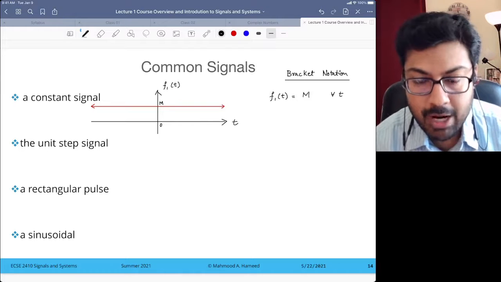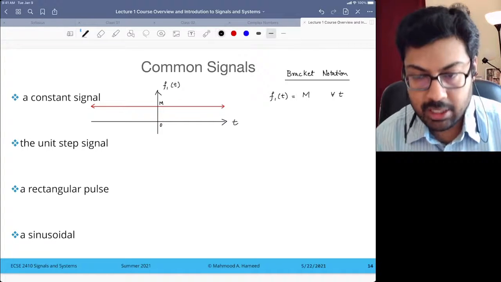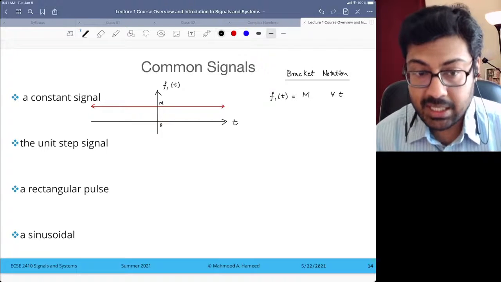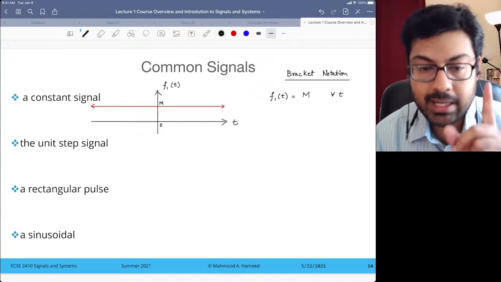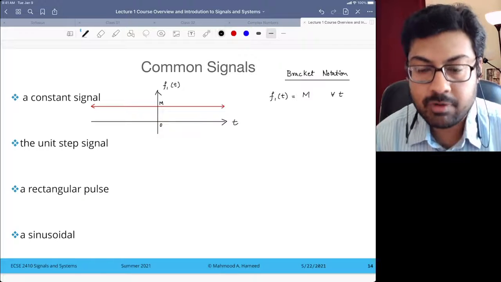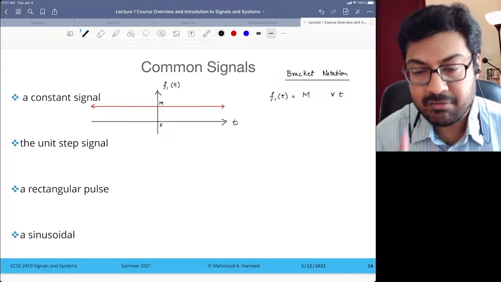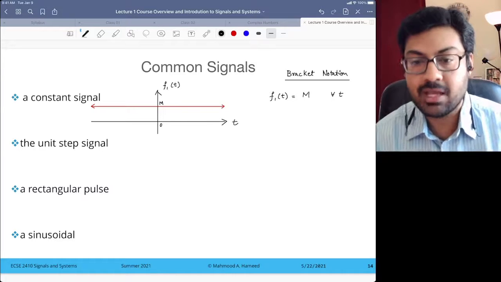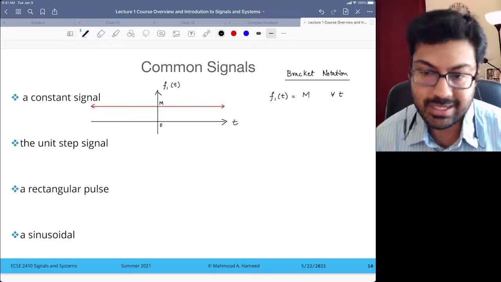So when you start talking about time to frequency conversion using a Fourier transform, you will see that there is only one line in the Fourier transform of f1 of t, which is going to be at frequency equals 0. Right? There is not going to be any other frequency for this particular constant signal.